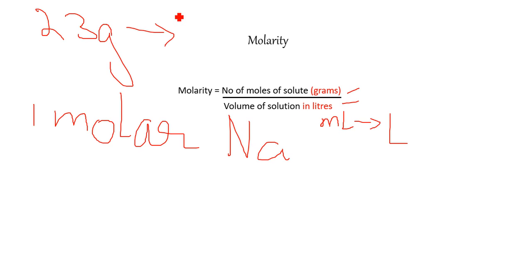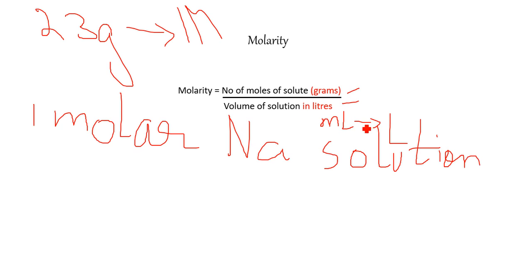So to get a 1 molar solution of sodium, we are going to have to weigh out 23 grams of sodium and dissolve it in 1 liter of distilled water. 1 liter of distilled water, or you have the option for calculation's sake 1000 ml.